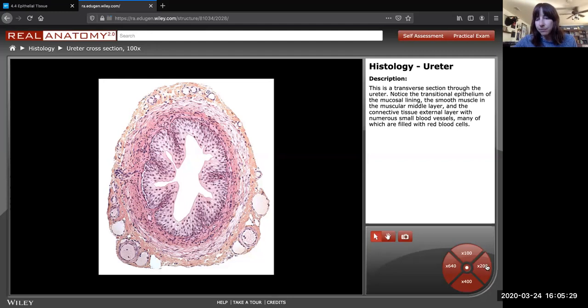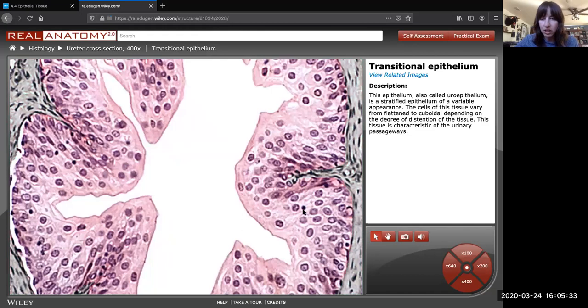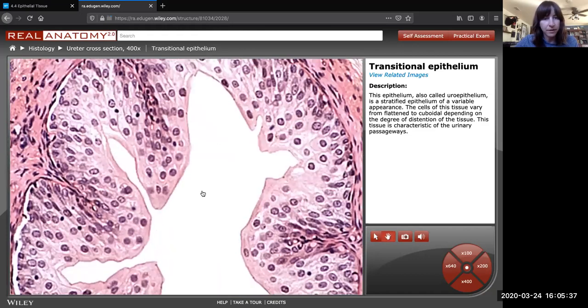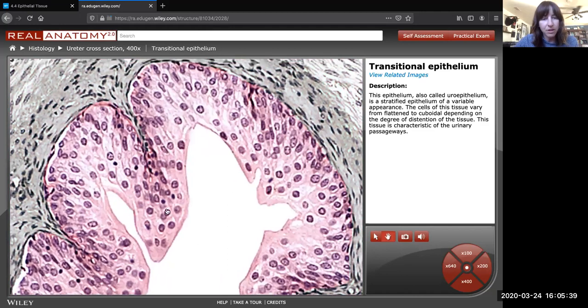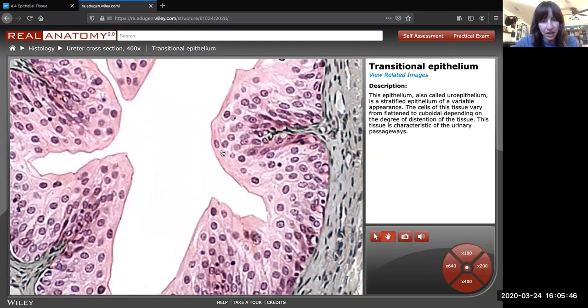So this crazy looking epithelial tissue lining this structure looks like it could be cuboidal based on the cells that are at the apical surface, right? Because they look like they're not tall and skinny like columnar.